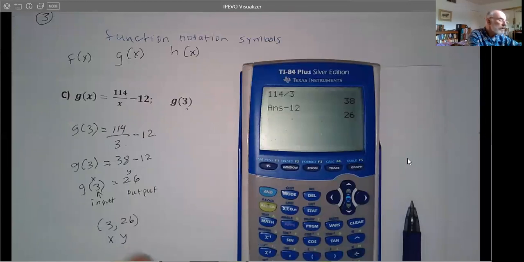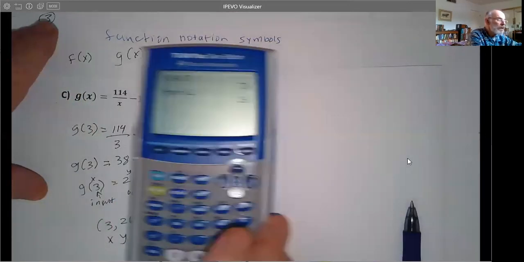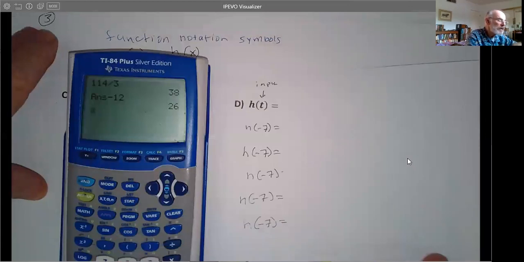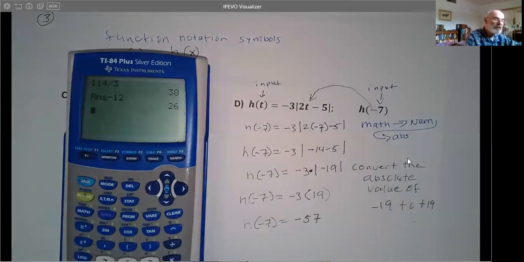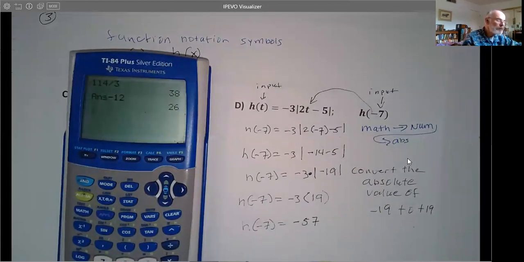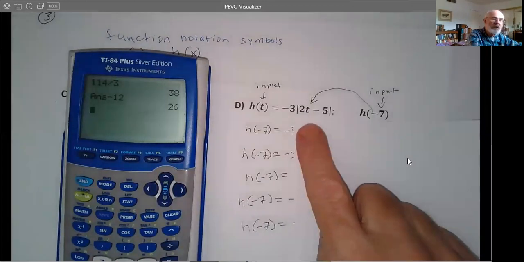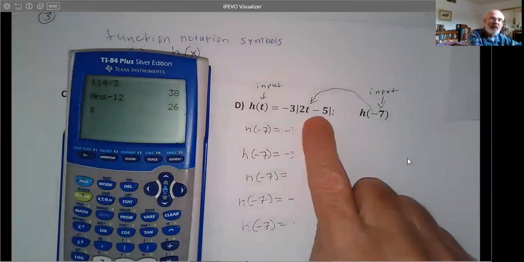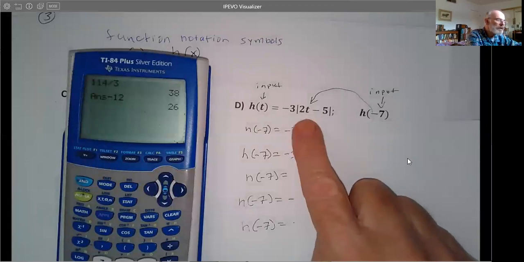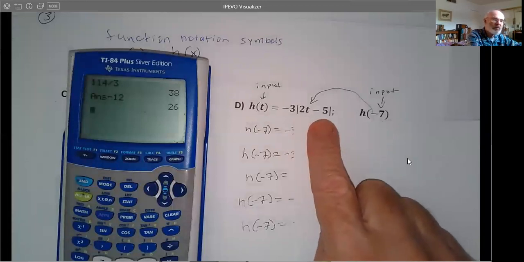Okay. So then the last one on this page is a little different. It's an absolute value problem. So with absolute value, you've got to simplify what's inside the absolute value bracket. This bracket is just like parentheses.